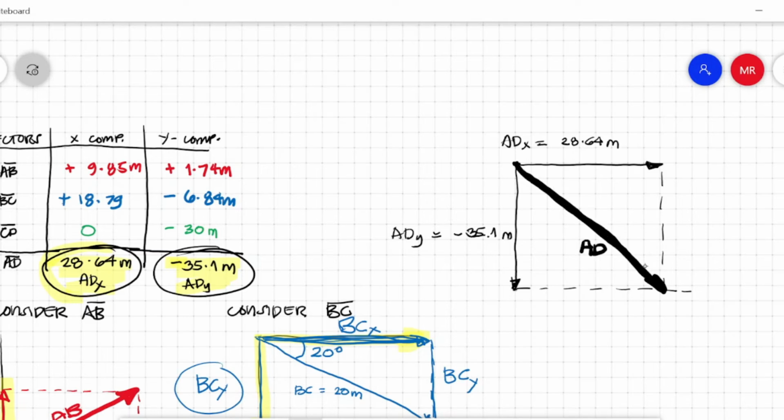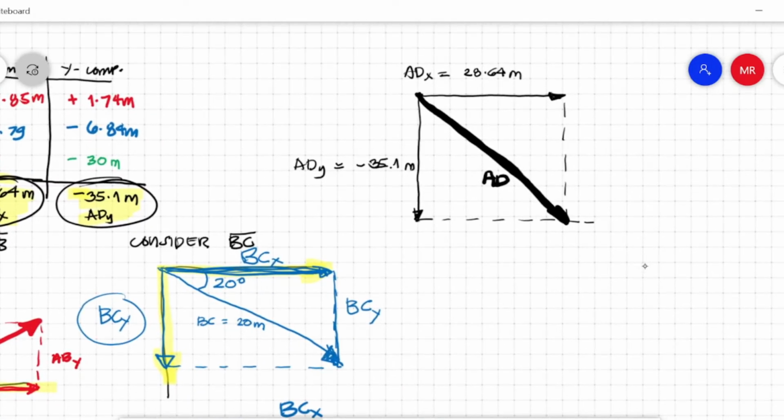So if we will get AD, we will just be using the Pythagorean theorem because ADX and ADY are the two sides and AD is our hypotenuse. According to the Pythagorean theorem, the square of the hypotenuse is equal to the sum of the squares, ADX squared plus ADY squared.